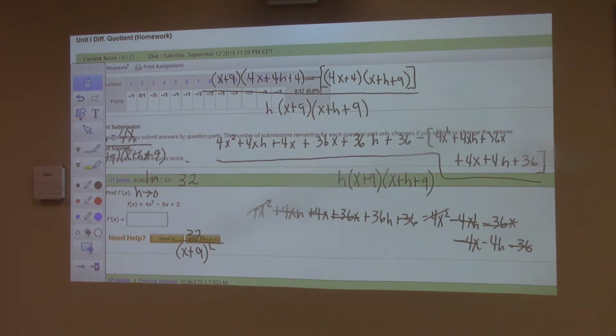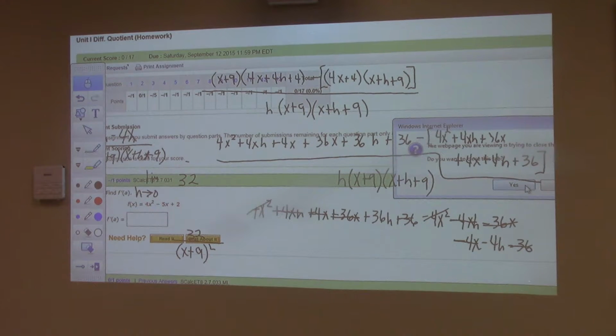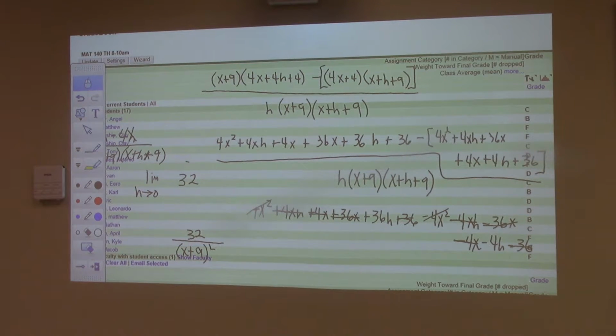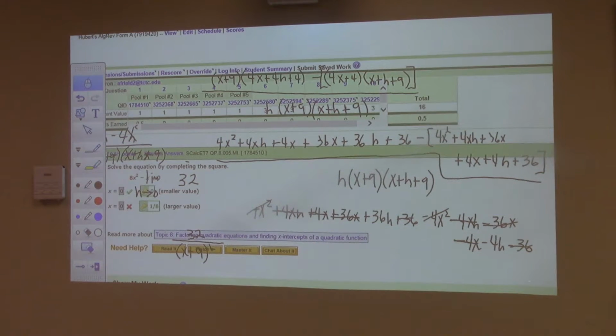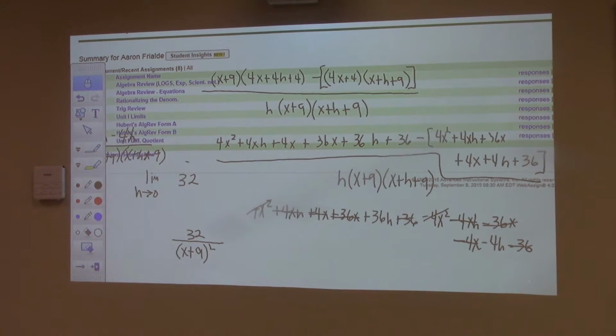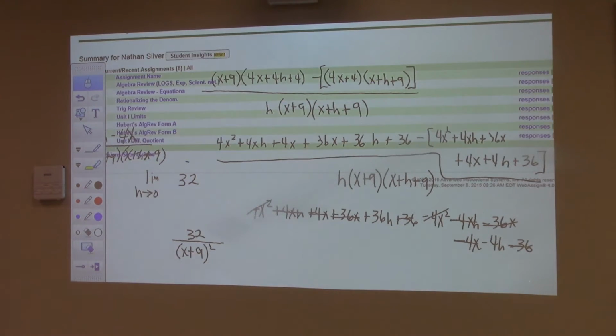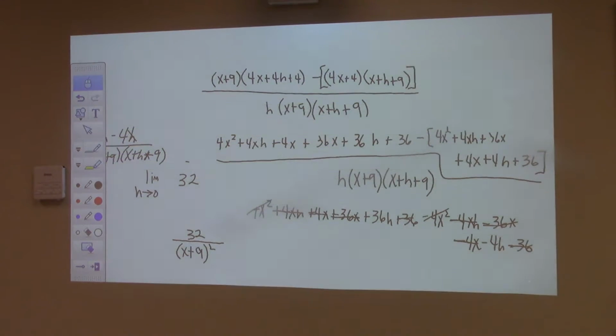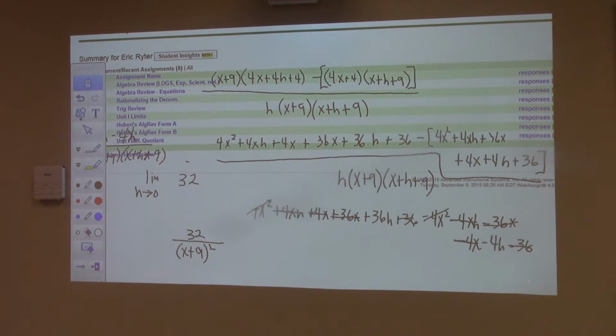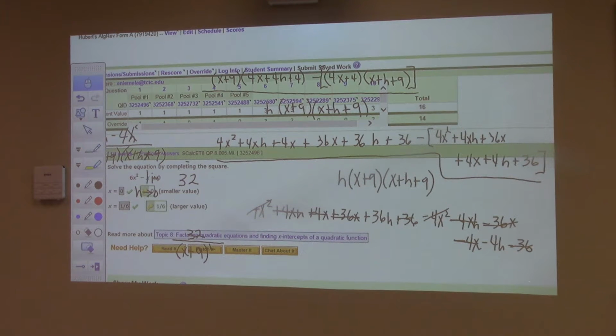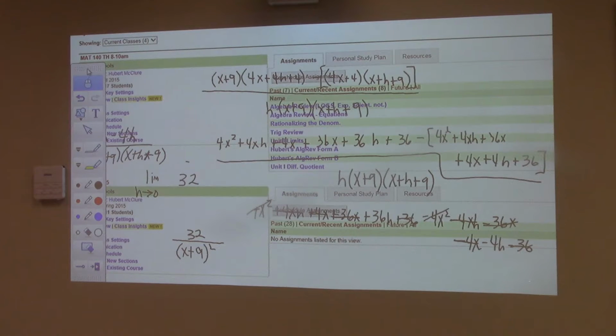All right, how do you turn this off? And let's go to the handy dandy grade book. I meant your book. And find the derivative section.